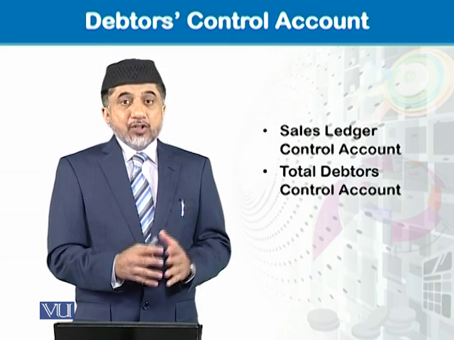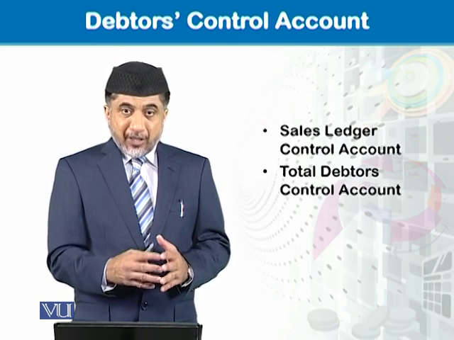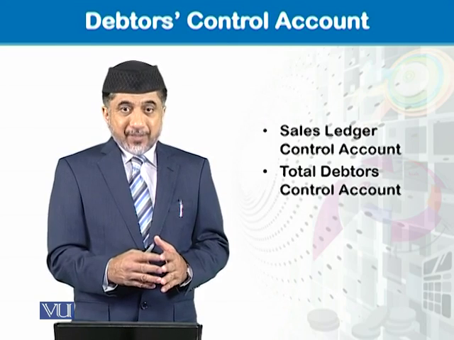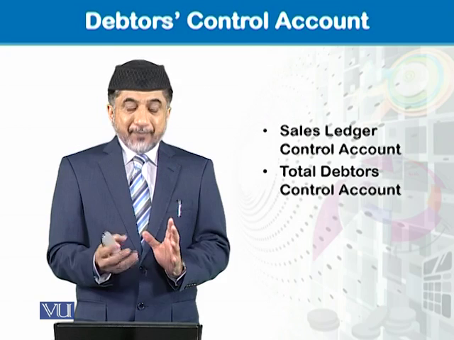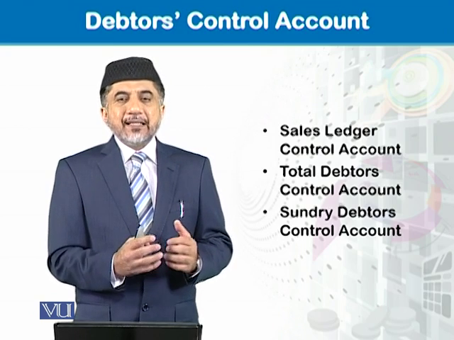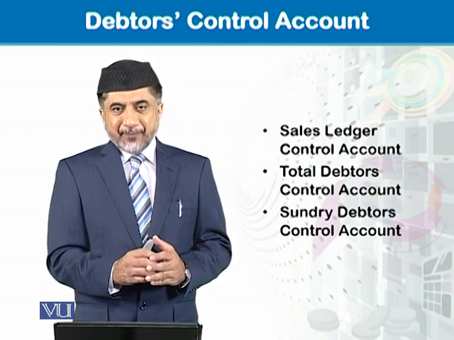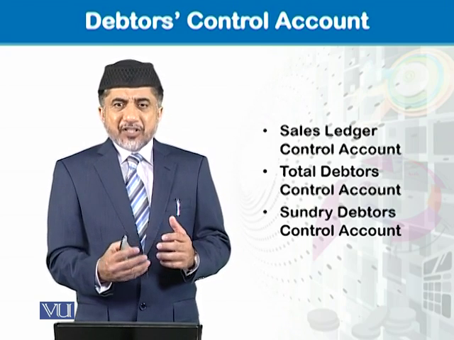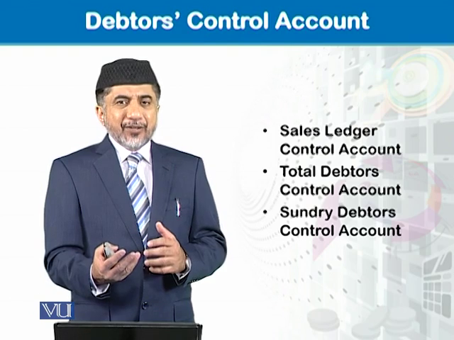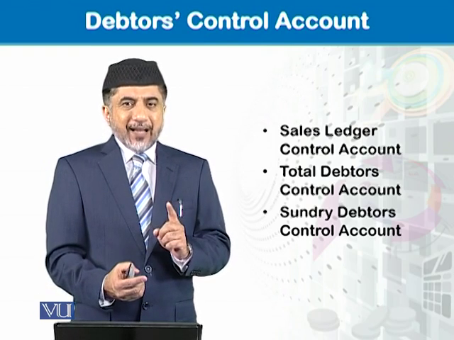Then we also call it total debtors control account, because this control account is representing total debtors. And we also call it sundry debtors control account. These all are just different names for one single item.